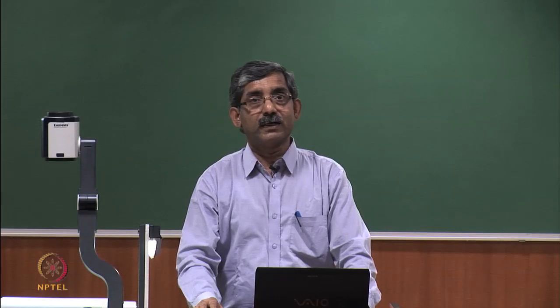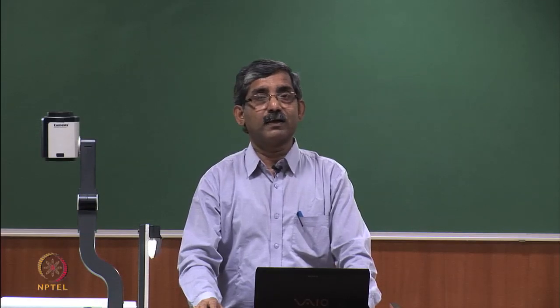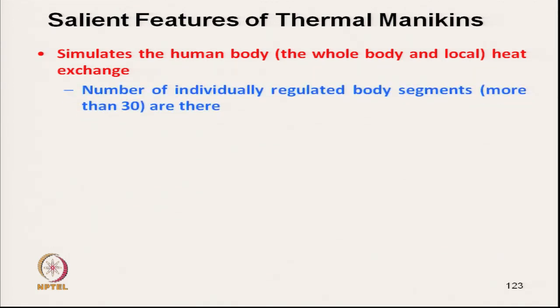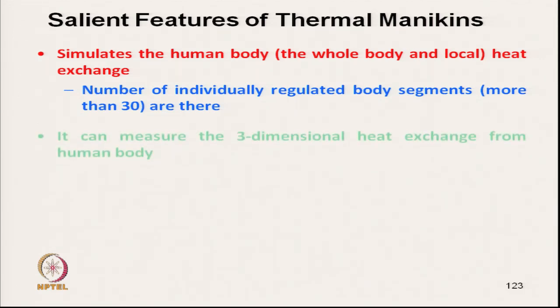So, the salient features of thermal mannequins are: it simulates the human body, the whole body and the local part, and it simulates the heat exchange. Number of individually regulated body segments are large, typically more than 30 segments.